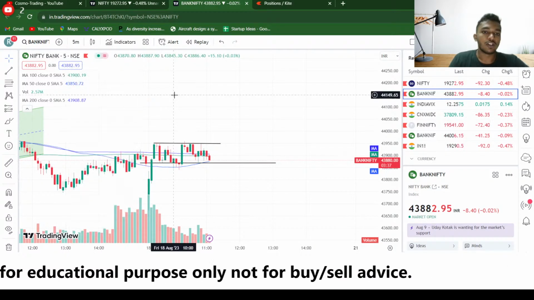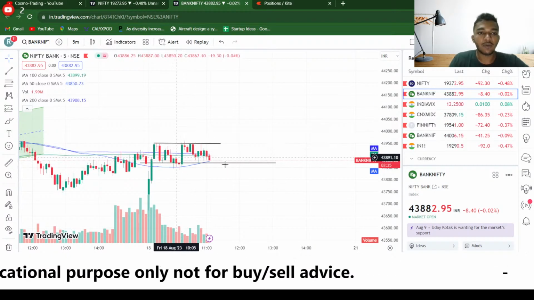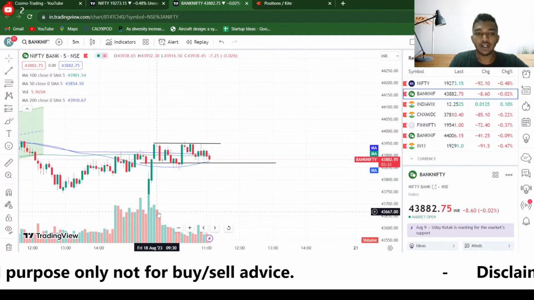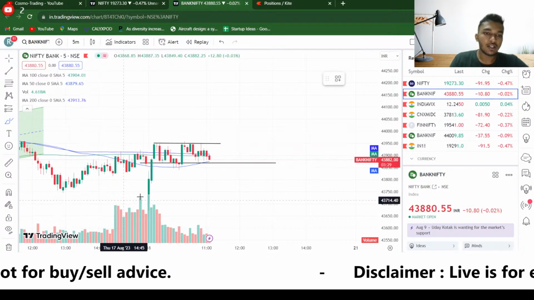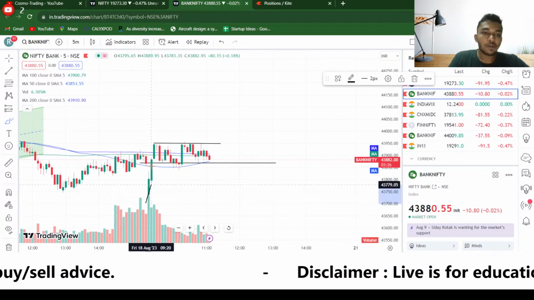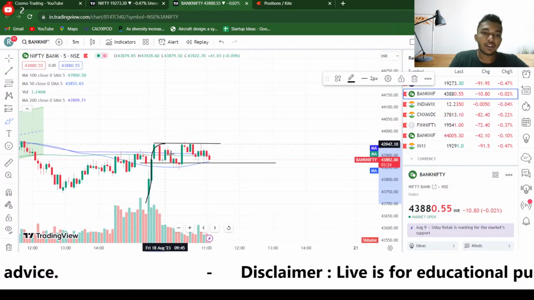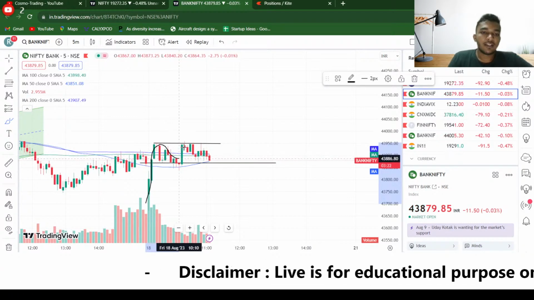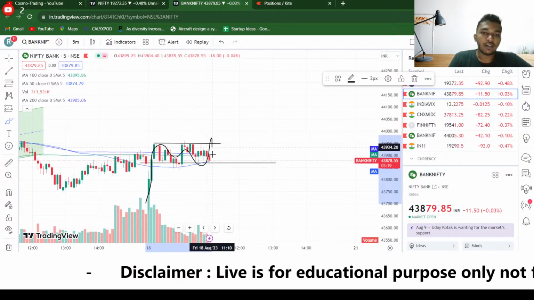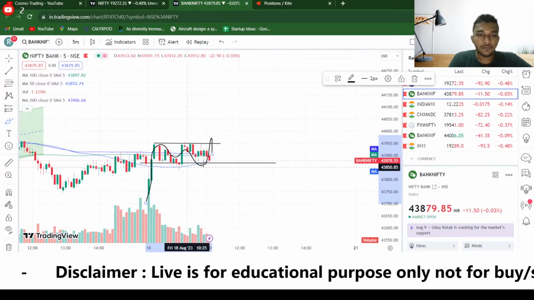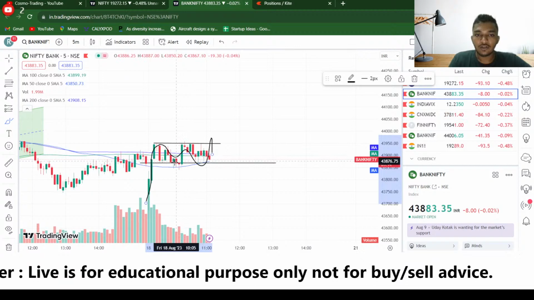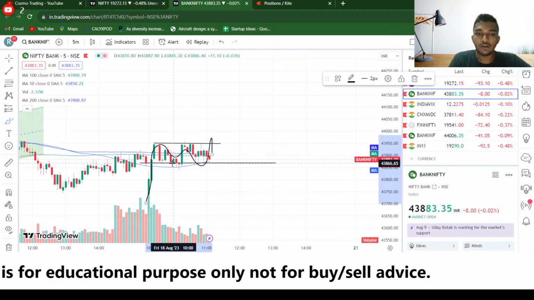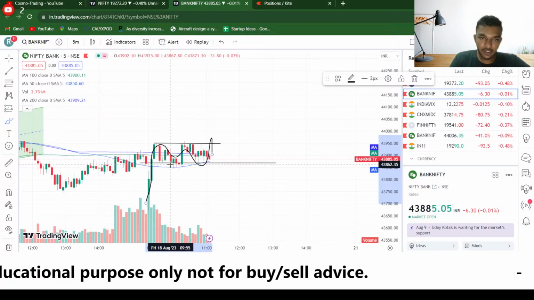If we take a look at Bank Nifty, it opened around the 43,700 area. From there, it formed three white soldier candles. Then it has been consolidating for a while, and the lower level support is the 43,850 area, 860 to 850 area.